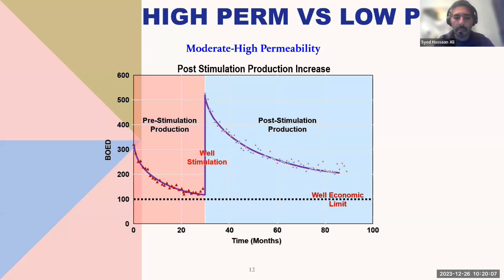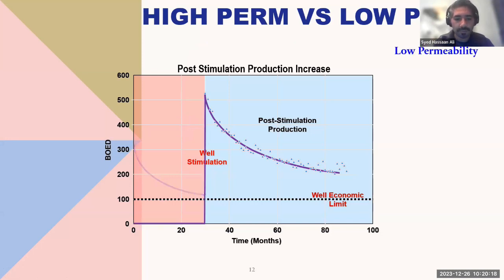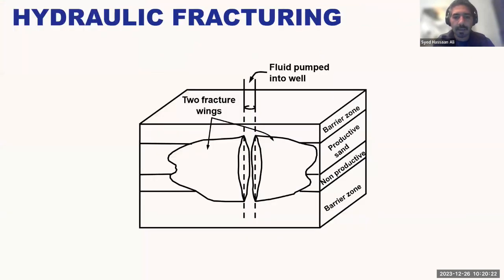So this is a very important graph which shows you how important it is for us to do hydraulic fracking in certain wells and certain formations. Usually when we do the fracking, it is actually done on both sides of 360 degrees of the well.